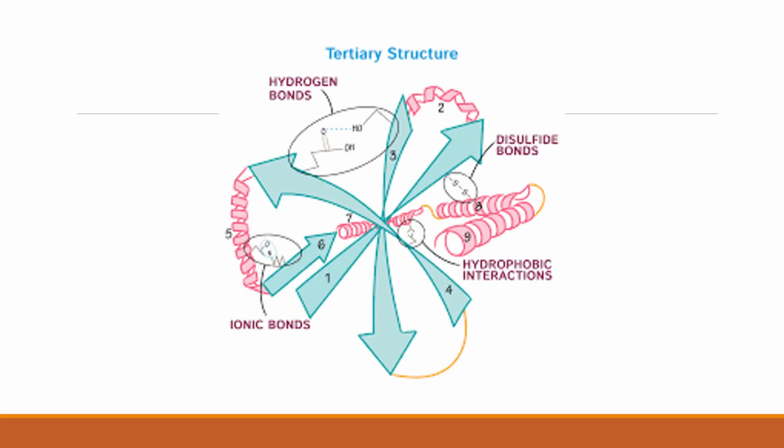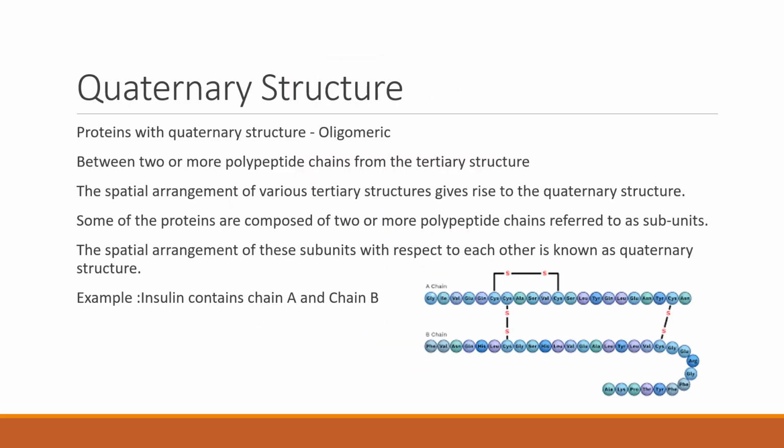Whereas when we move down to the next level, this is called the quaternary structure. This is very commonly observed when you have more than one chain in the protein molecule. And these chains must have a proper spatial arrangement, and they should have a proper linkage between each of them so that the entire protein molecule now becomes functional.